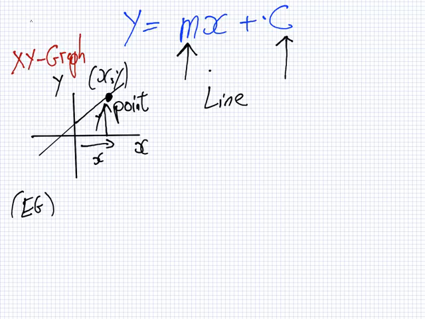Yes, but there is another name for it. Does anyone know? X-axis and Y-axis? Nice try. It's also called a Cartesian graph. That's a new word, I'm sure.